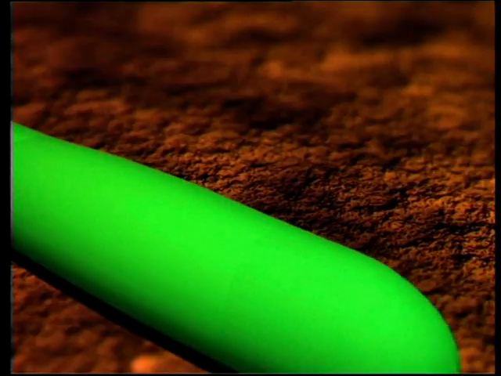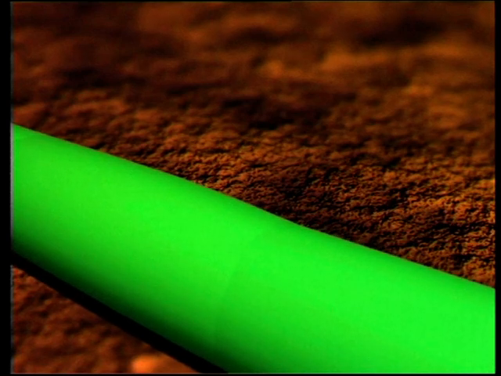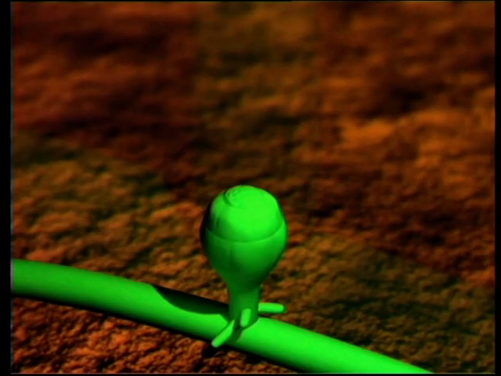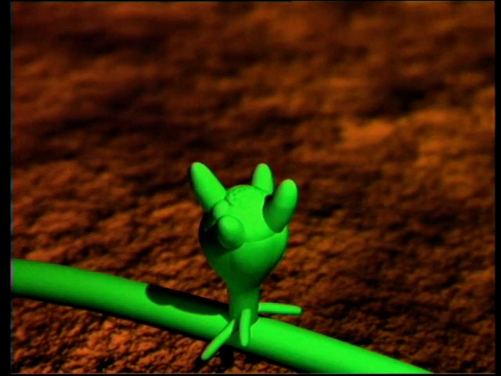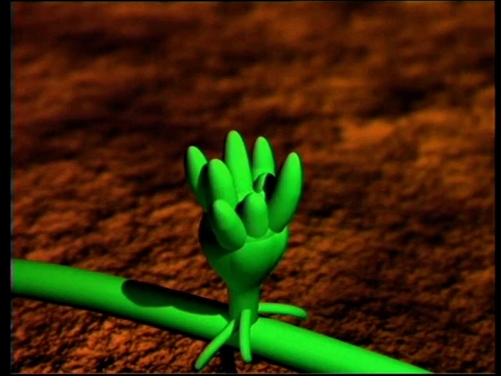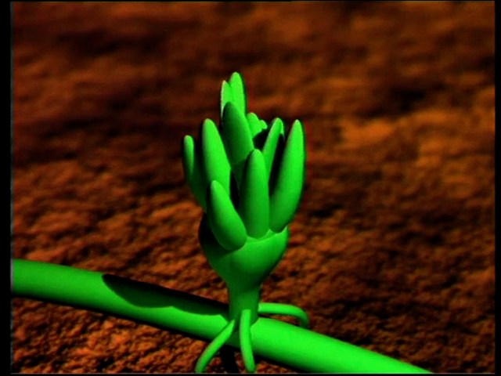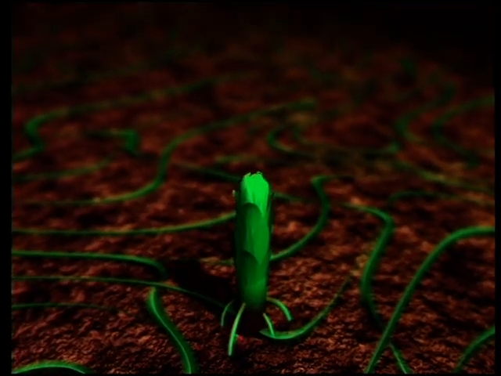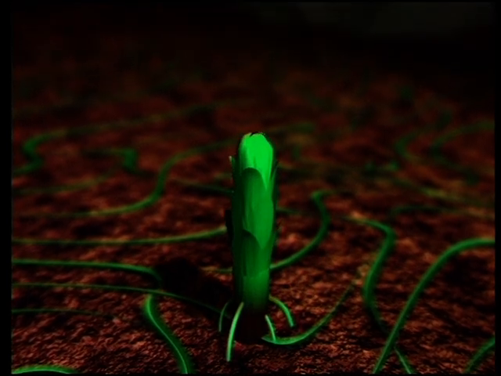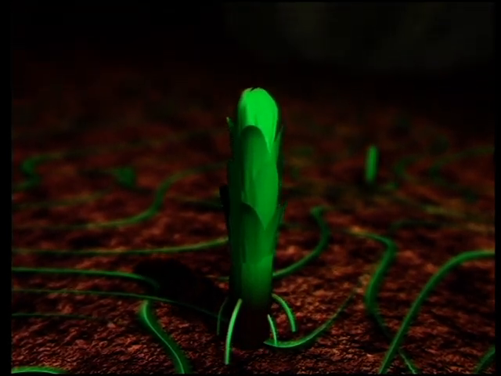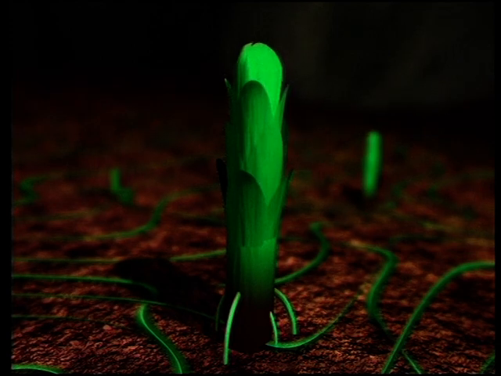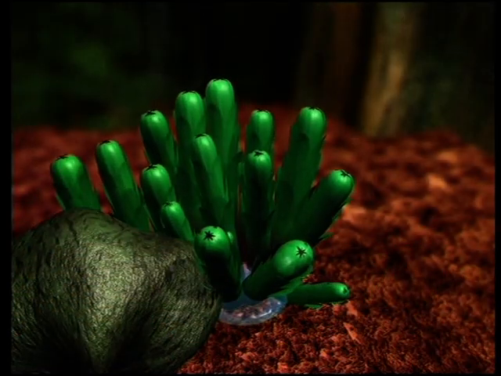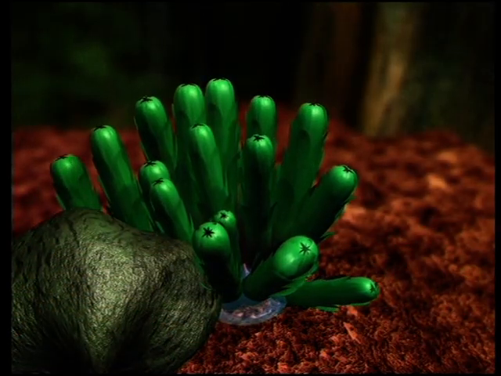However, after a period of growth, some of the protonema form buds. Each bud will proceed to grow into a new leafy gametophyte. Spores then enable mosses to spread and colonize new areas, often some distance from the parent plant.